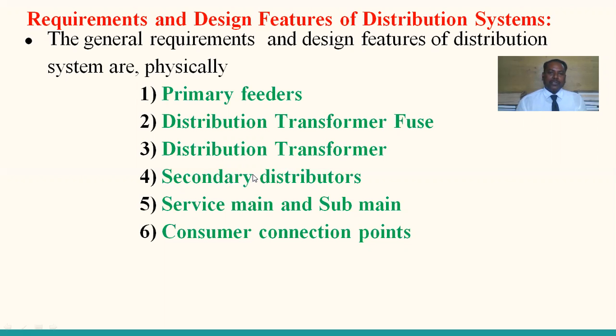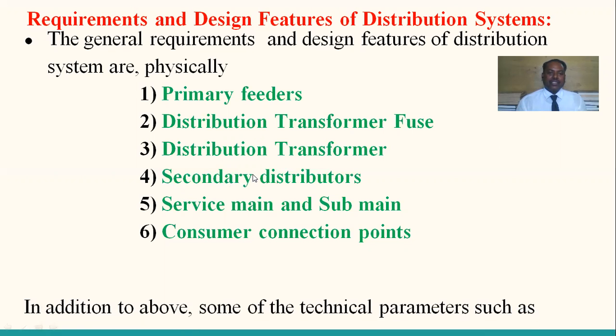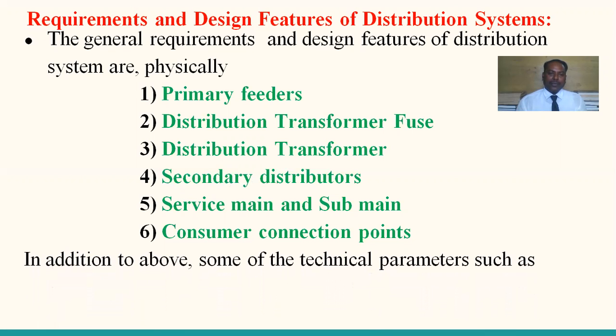In addition to these physical requirements, some technical parameters are also required for designing the distribution system, such as proper voltage. Why do we say proper voltage? All the load appliances are designed for a single phase supply having a voltage rating of 230.